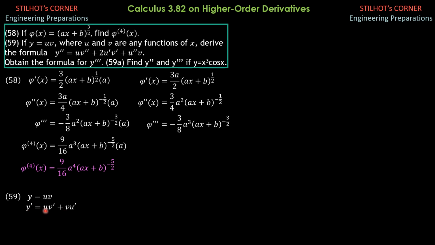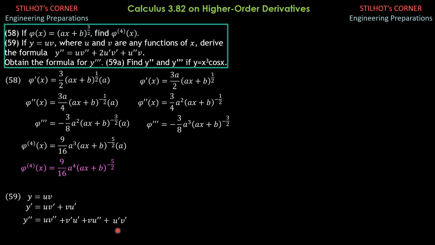The second derivative, we have derivative of product again, then derivative of product. So y double prime is u v double prime, then plus second v prime, derivative of u prime, so v prime u prime, plus derivative of the second term, v first, then derivative of u prime u double prime, plus second v prime derivative of v prime.